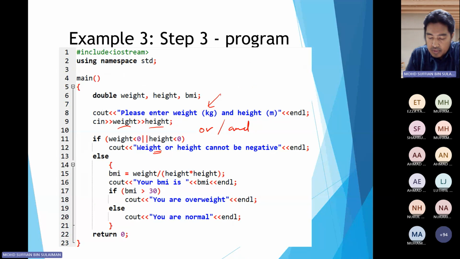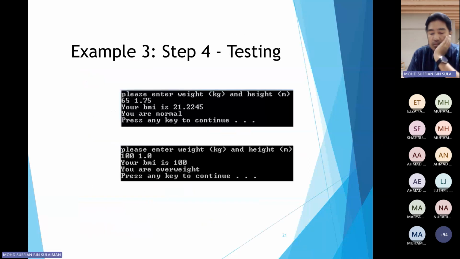Okay, weight and height cannot be negative. Okay, and then else we can perform the calculation, and then your BMI is okay. The value of BMI here, and then we do the checking. If greater than 30, overweight, less than 30, normal. Okay, similar. You need to do the testing.